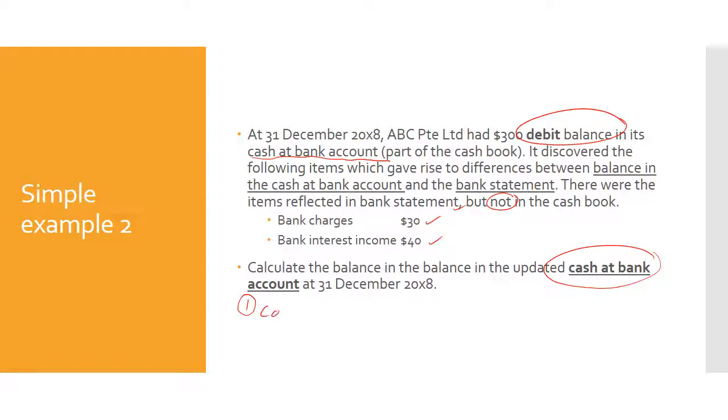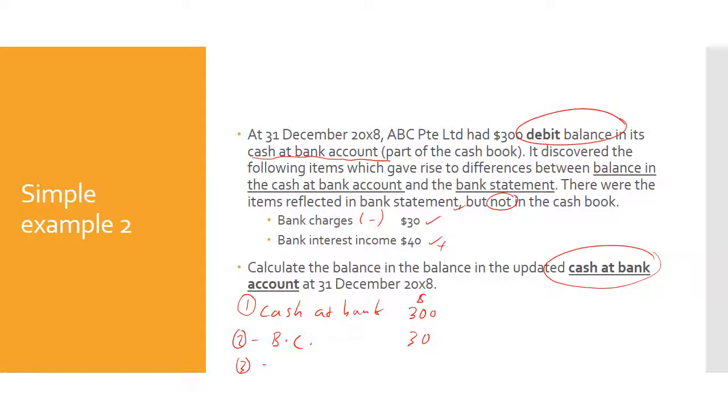What do you do? Very simple. Start with the cash at bank, 300. Bank charges, as I've shown you in the summary, is a deduction. So we just minus our bank charges of 30. Interest income is an addition.